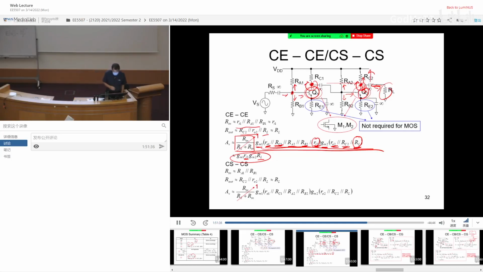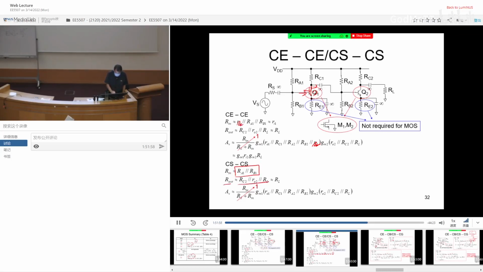Common source is the same thing, but if you replace the transistor with a MOSFET, very likely, looking into the MOSFET, you no longer have RPI. So your input resistance no longer has RPI. You only end up having RI1 parallel RB1.